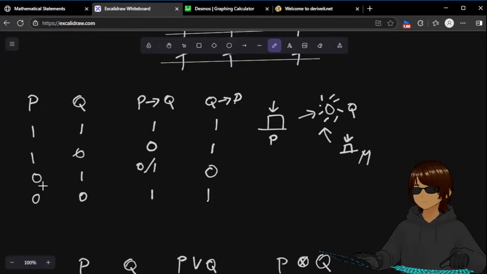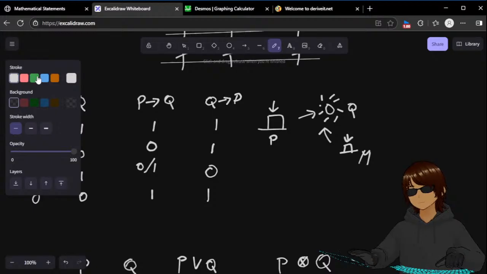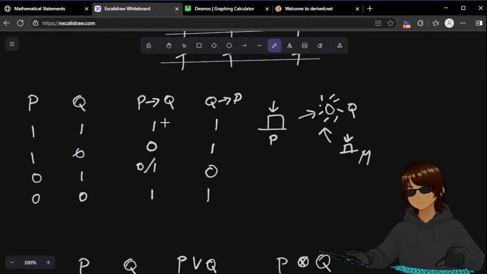Because either of them is true. Because if P doesn't happen, whether Q happens or not, you would still say if P then Q. Like let's say these three statements hold up. Now let's say P doesn't happen, but Q does happen.